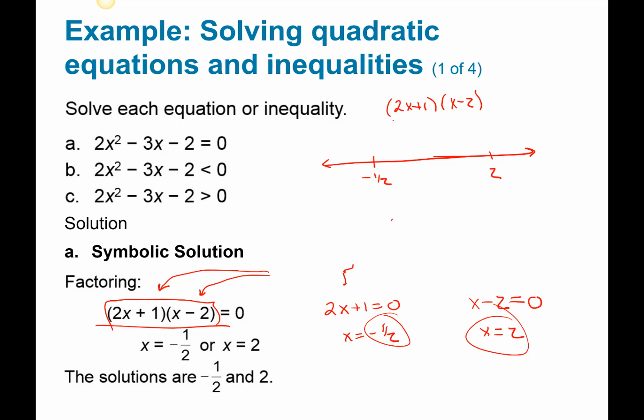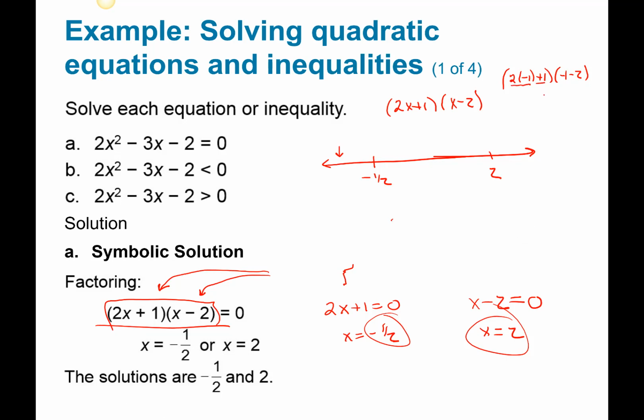Well, just for grins, let's pick a number over here. An easy number on that left interval to work with would be negative 1. Okay, that's a good choice. What we're going to do is take 2 times negative 1 plus 1, times negative 1 minus 2. Now, you don't have to get fancy on this. In the first term, you have negative 2 plus 1.